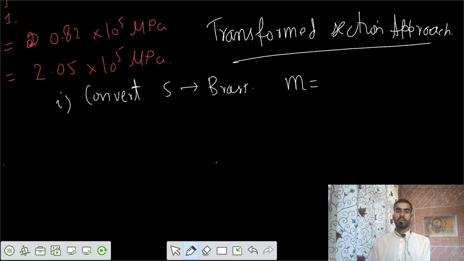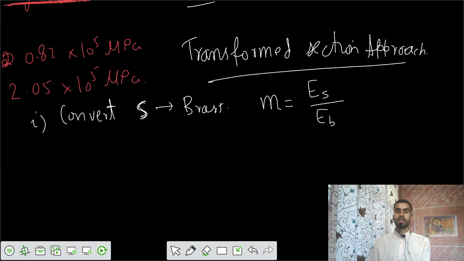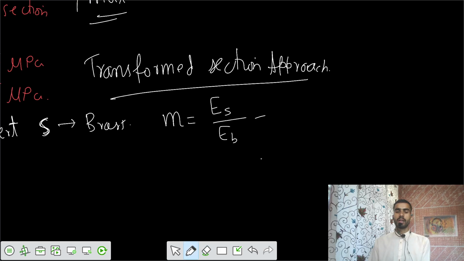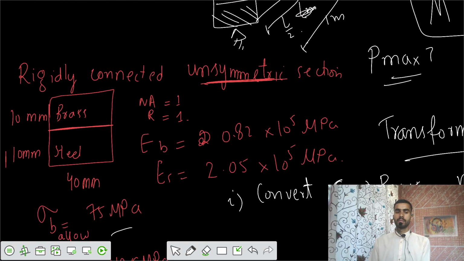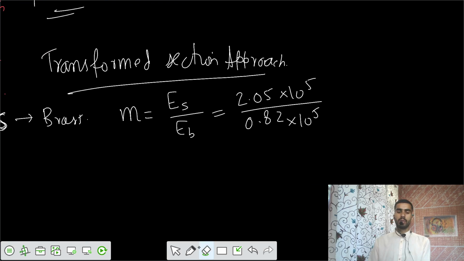For the material you are converting, you write its E at the top, so E steel by E brass. The modification factor equals 2.05 times 10 to the power 5 divided by the value of E brass, 0.82 times 10 to the power 5. So you get a factor of 2.5.